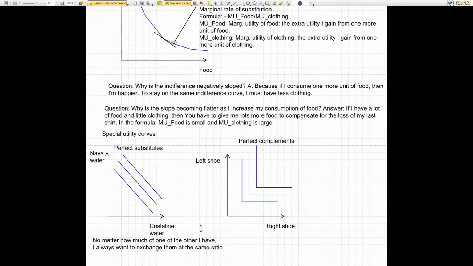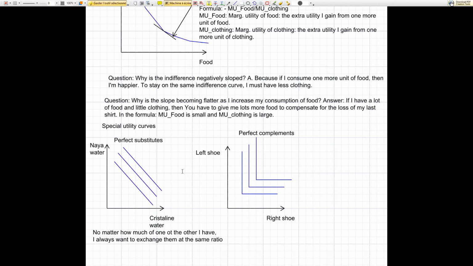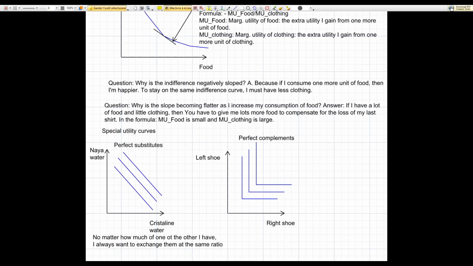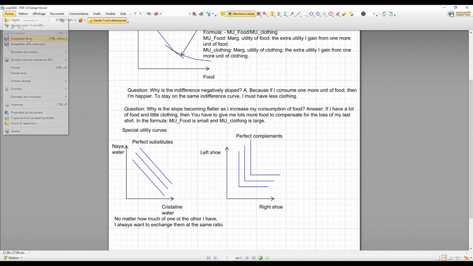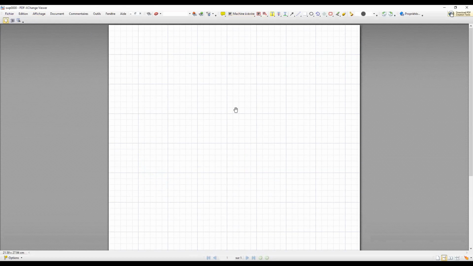Okay, so now let's go to even more fun things. I'm going to create another sheet of paper. Let me save that one just to be sure I don't lose it.